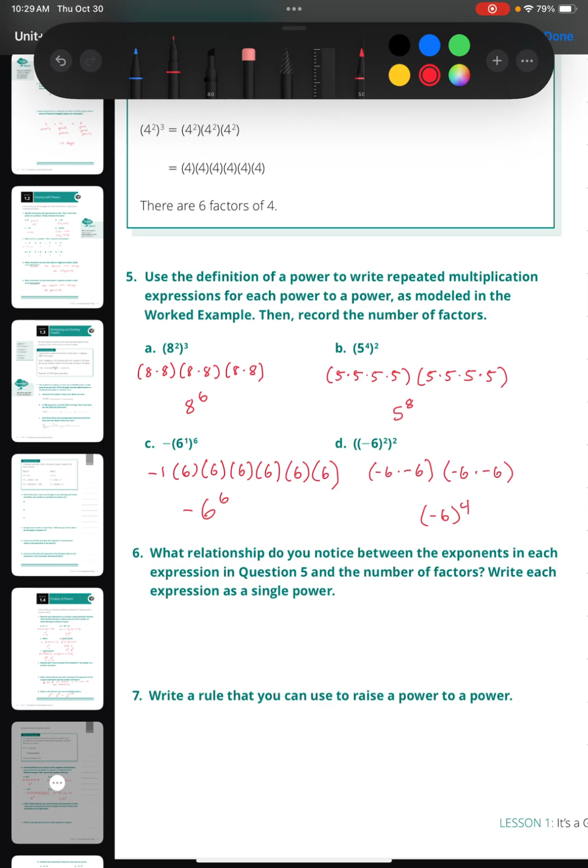Okay, so the relationship we can notice there, if you look at the exponents, say back on A, 8 to the second raised to the third, and we ended up with 8 to the 6th. The way we can get to 6 from exponents 2 and 3 is multiplying those together. So we could say the number of factors is the product of the exponents.